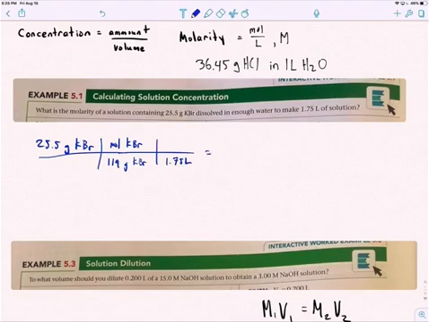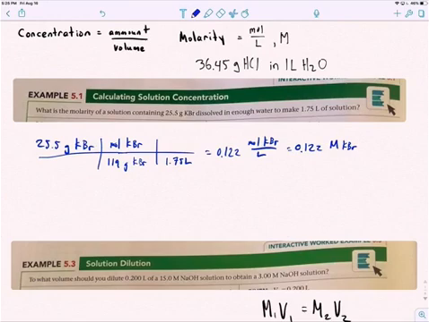If you calculate this out, you get 0.122 moles KBr per liter, or 0.122 molar KBr. Same units like that.